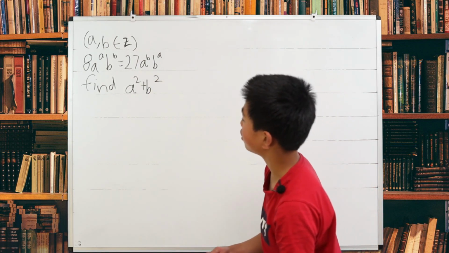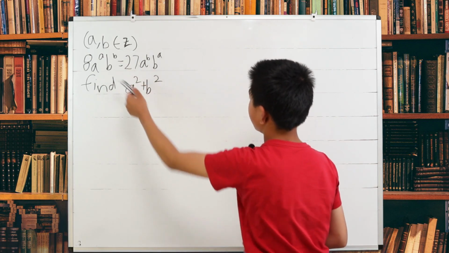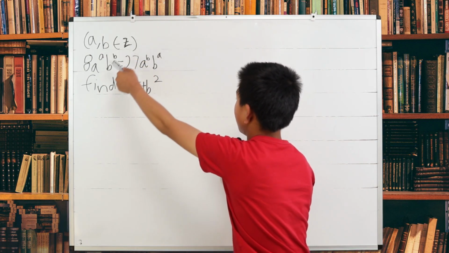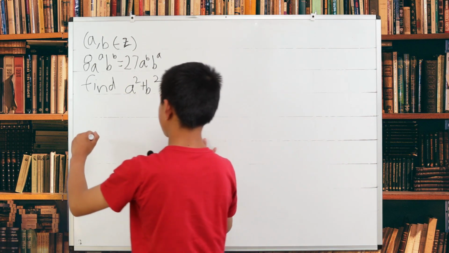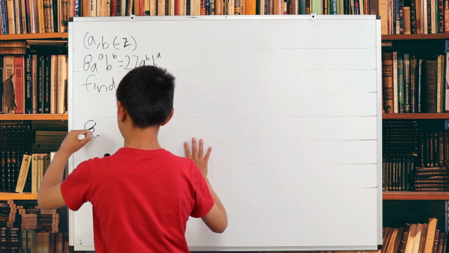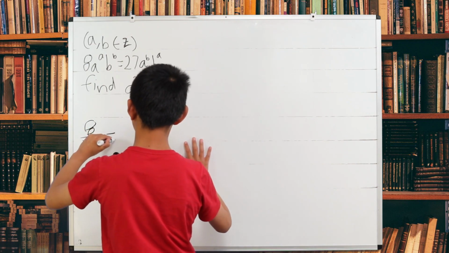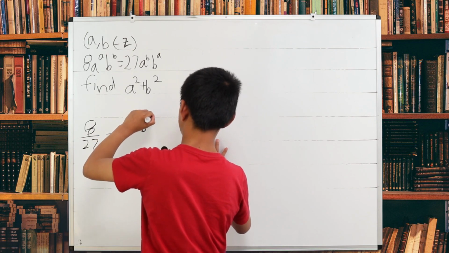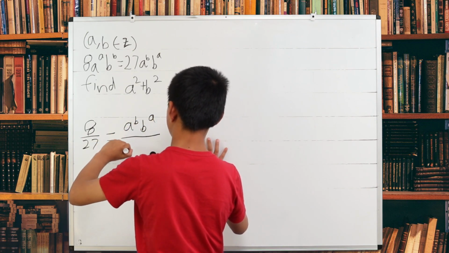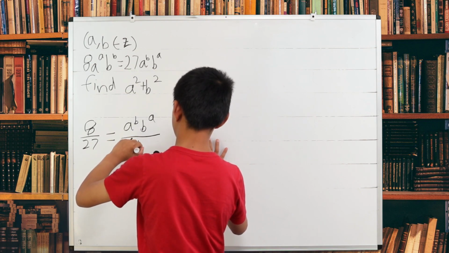The first thing we can do is play with this. We can use a little dividing skills, and we get that 8 divided by 27 is equal to a to the power of b times b to the power of a divided by a to the power of a times b to the power of b.